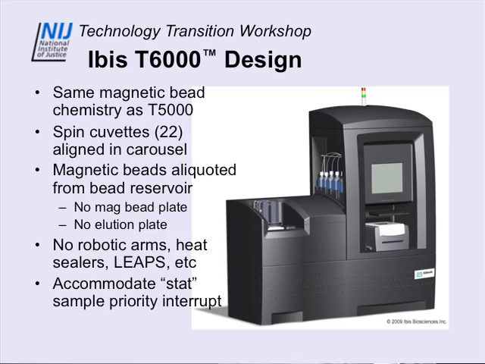Let's say you're doing a databasing project, you've got convicted offender samples and you've just got millions of them. You're set up running 15 plates. You've already loaded that, but then you've got a stat sample. You want a sample you want to run right away. There's a drawer here you can pull out, put your sample on, push the drawer in. That sample will get priority and get run next, get run through the system, and then you go back to your normal workflow.